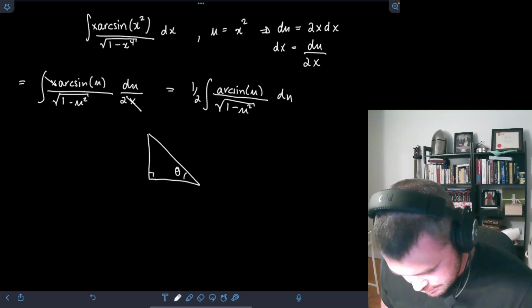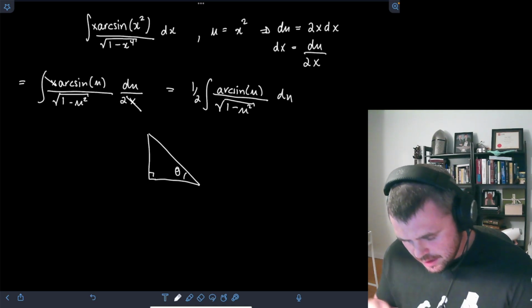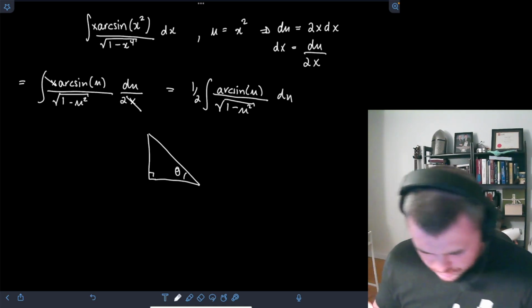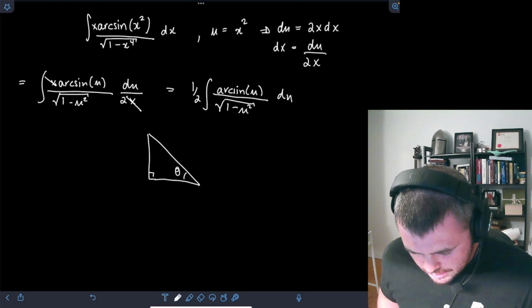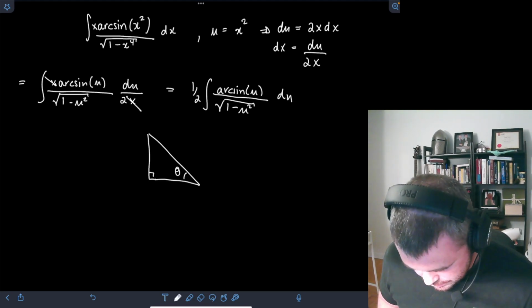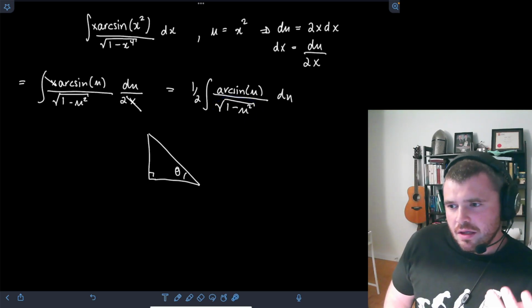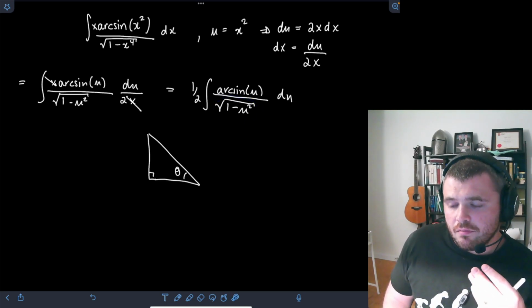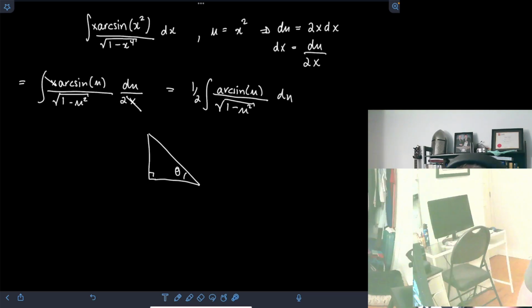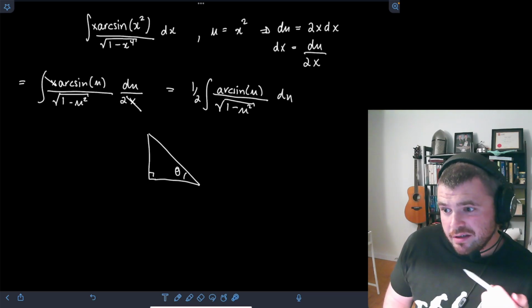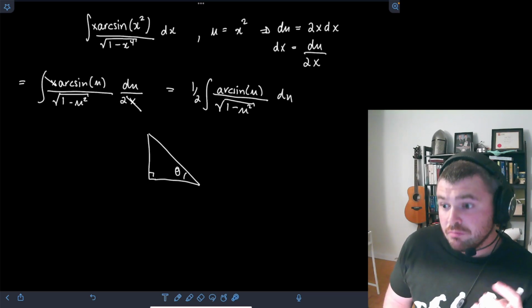We'll put an angle theta here, and we know that this term can represent a side of our triangle, because it's a square root of 1 minus u squared.